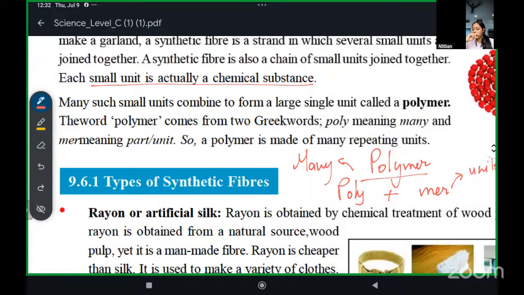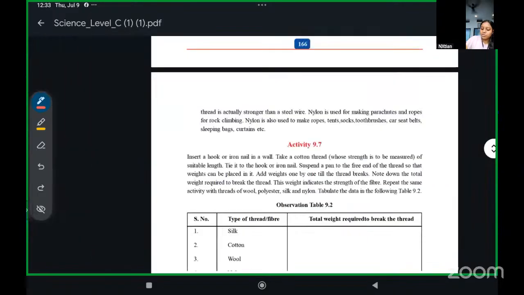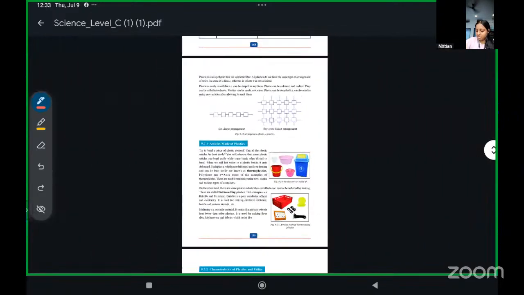We saw that natural fibers are just threads obtained, but synthetic fibers are small units in the form of a chain.